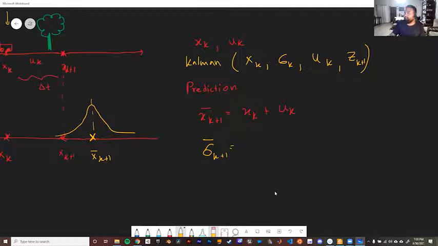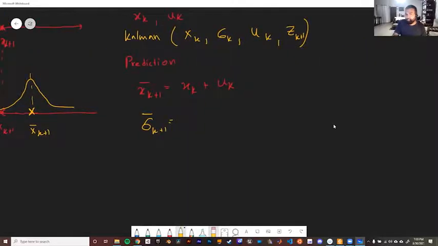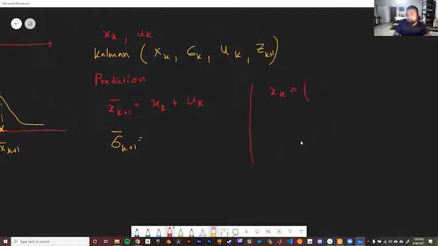we can say that this control signal is what has the noise, right? So we put all the control signal's noise. So I'll actually write the control signal's noise. So just to explain, xk will be a normal distribution, right? Whose mean value will be xk and whose variance will be sigma k.